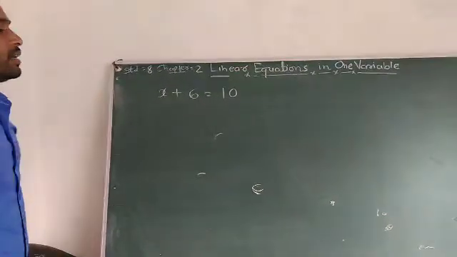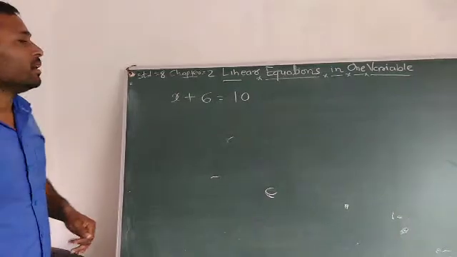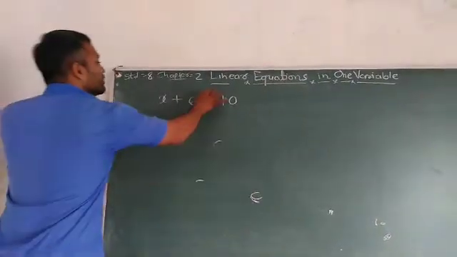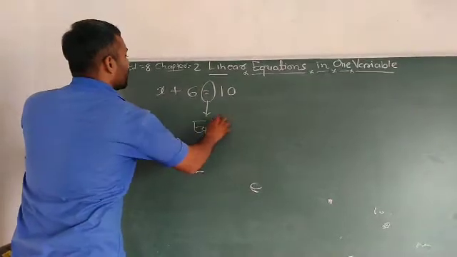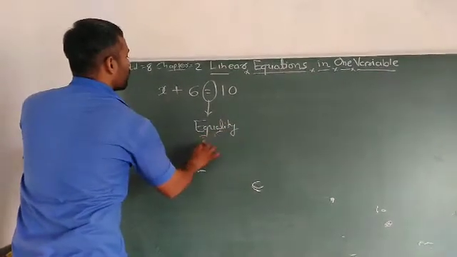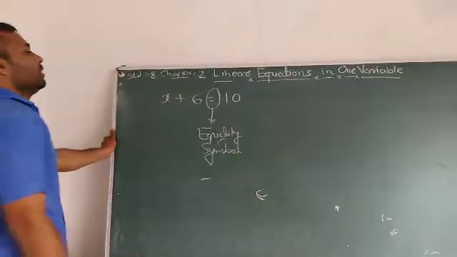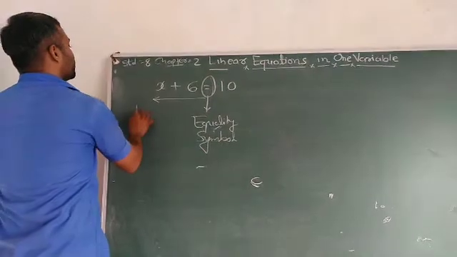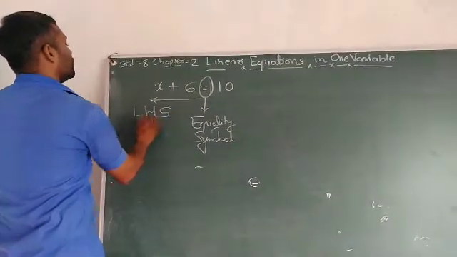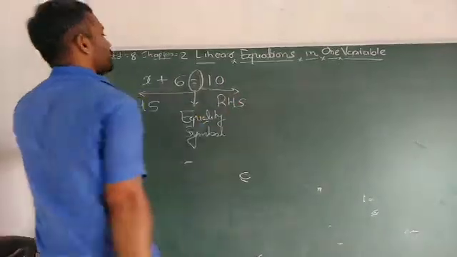Suppose we take an example, x plus 6 is equal to 10, in which this is your equality symbol. From this equal symbol, this is the left hand side and this is the right hand side.